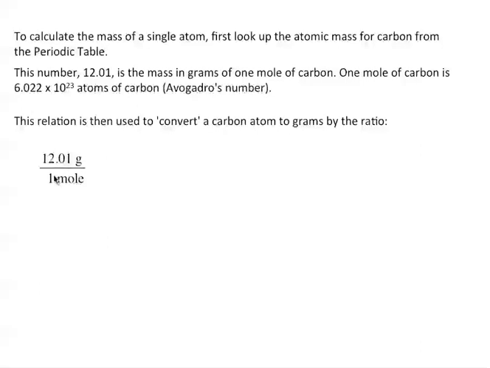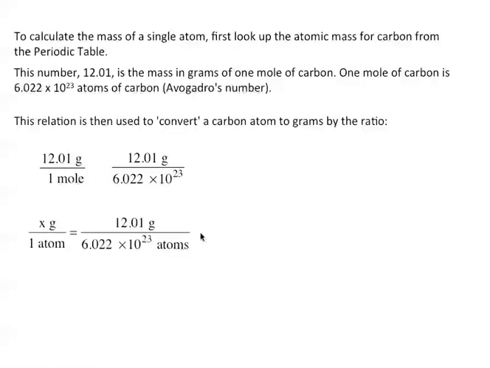So what the 12.01 grams per 1 mole means is 12.01 grams per 6.022 times 10 to the power of 23 atoms. This is the number of atoms. So I'm going to set up a nice ratio. I want to find out how many grams in one atom, knowing that it's 12.01 grams in 6.022 times 10 to the 23 atoms. So I have grams on top, atoms on bottom, and here's my unknown.